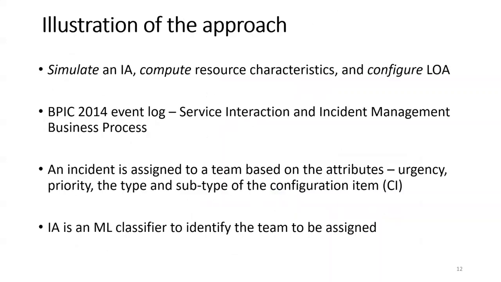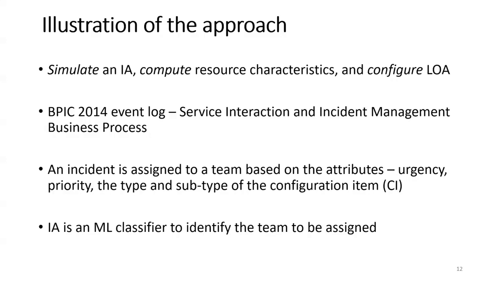Here we illustrate our approach using a BPIC 2014 event log, which relates to a service interaction and incident management business process. We simulate an IA, compute the resource characteristics of the IA, and then configure different levels of automation.